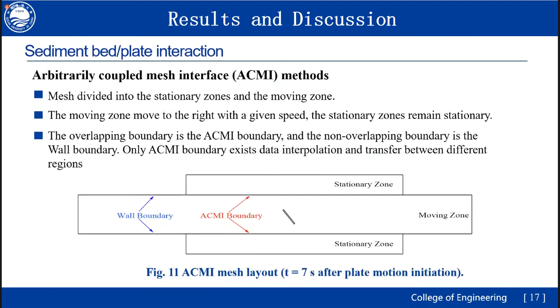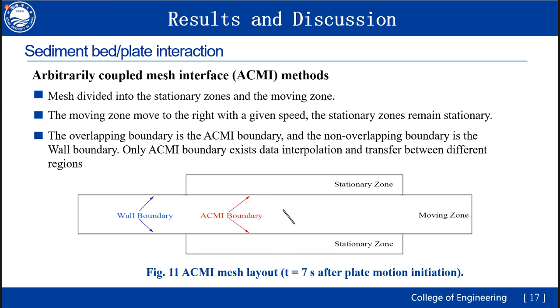So we go to the next slide. And how can we do such numerical modeling? We chose the arbitrary coupled mesh interface method, and we use one set of mesh, but the mesh is divided into stationary zones and moving zones. The stationary zones are the upper stationary zone and the lower stationary zone. The moving zone moves from the left to the right with a given speed.